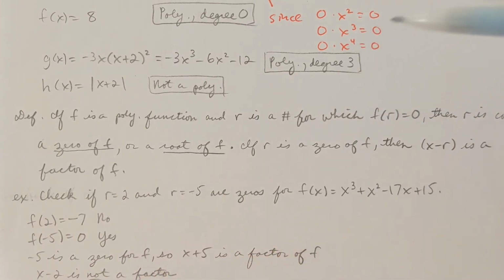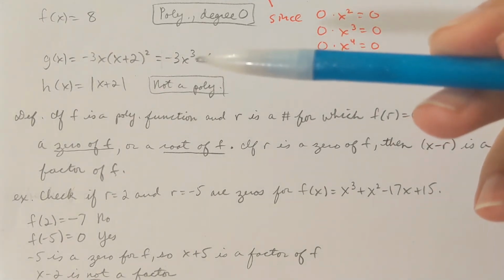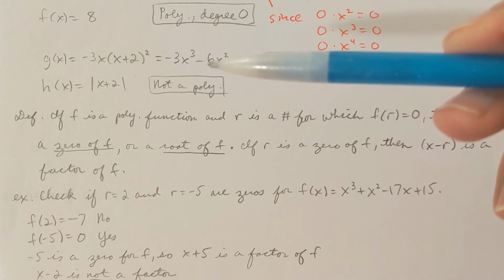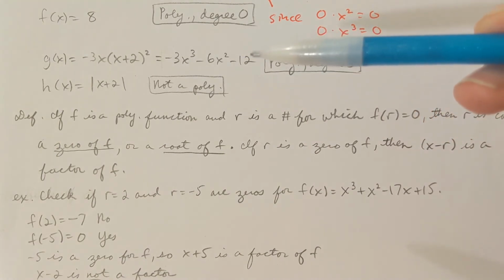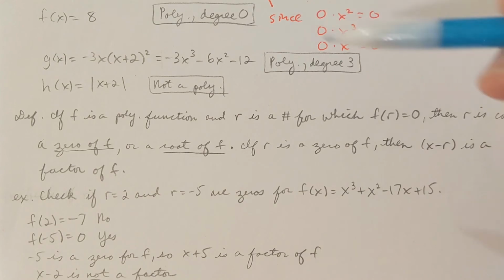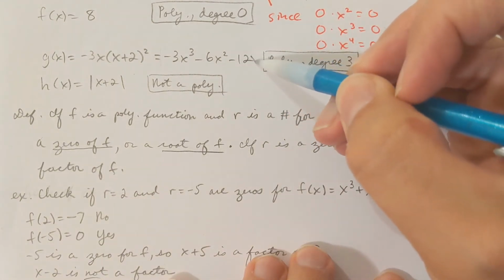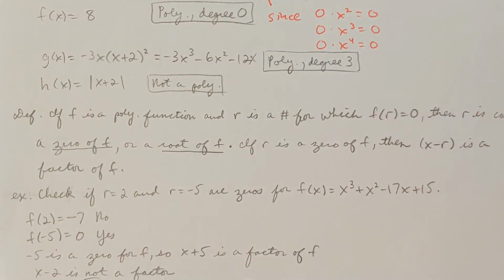g of x equals negative 3x times x plus 2 to the 12th. So I got negative 3x times x squared plus 4x plus 4. Okay, and there should be an x right there. Negative 3x times x squared plus 4x plus 4.